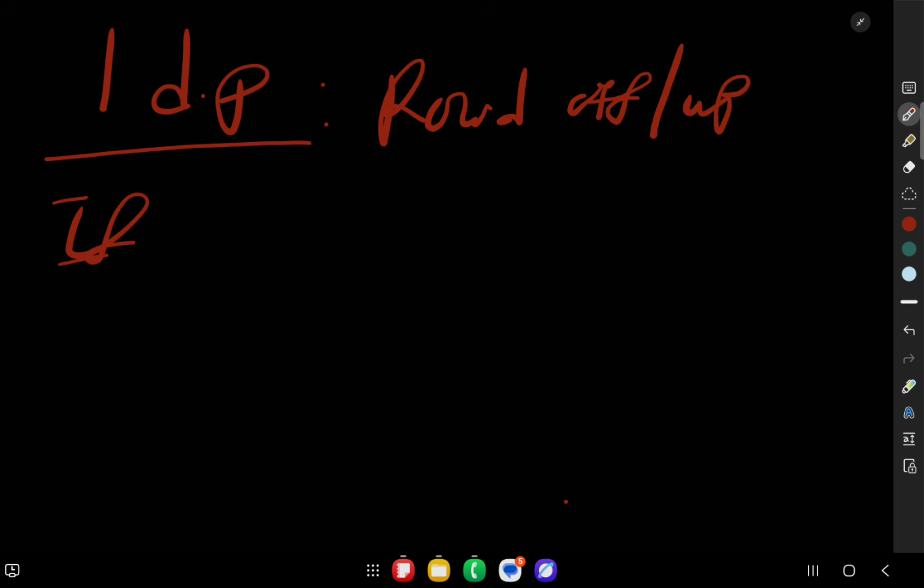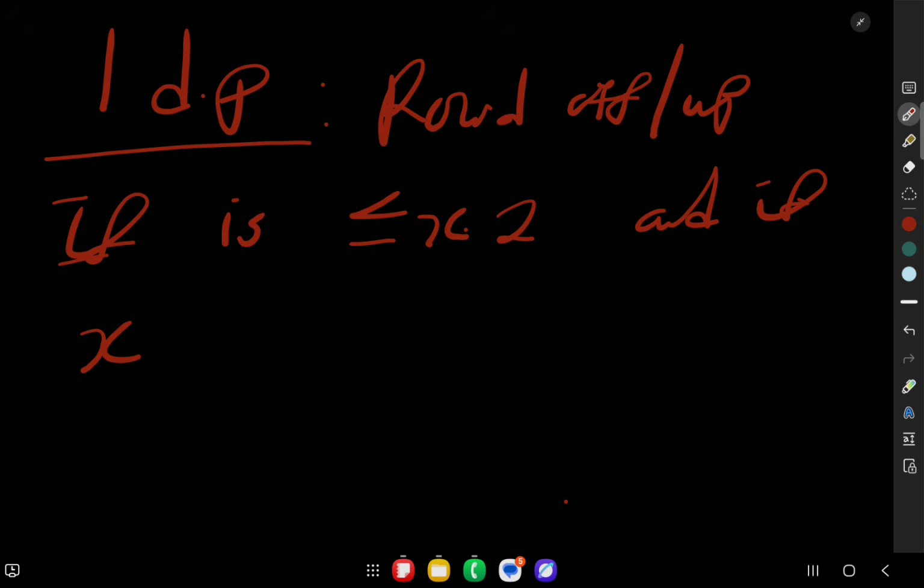Now, the rules are that you round off, or rather up, if the obtained 1 decimal point of your ratio is less than or equal to x.2, and if the obtained ratio is greater than or equal to x.8, you round off or up. But when it is in between, don't round off.